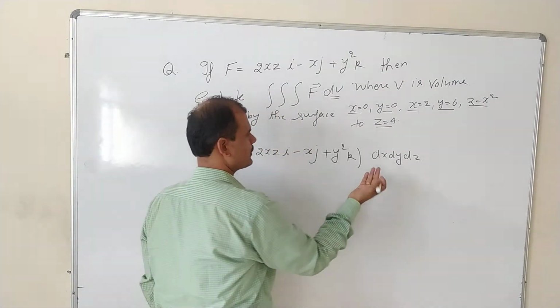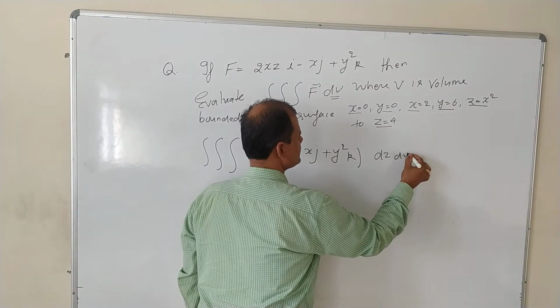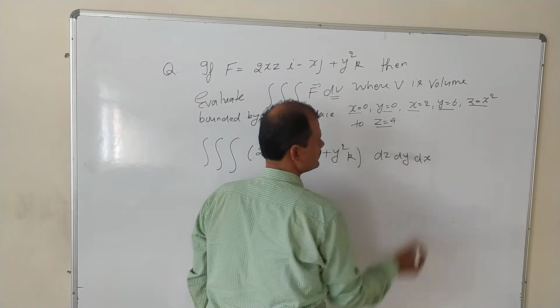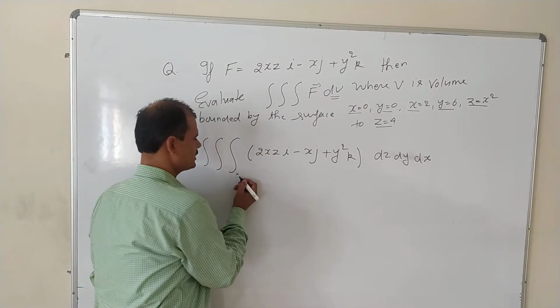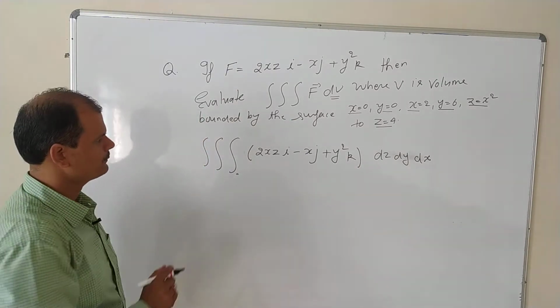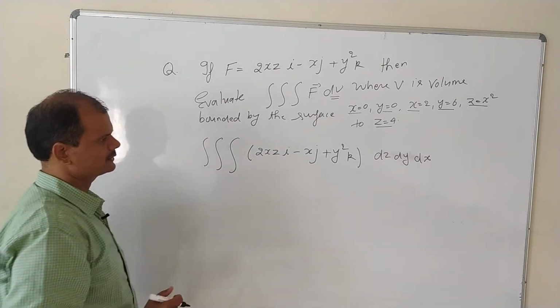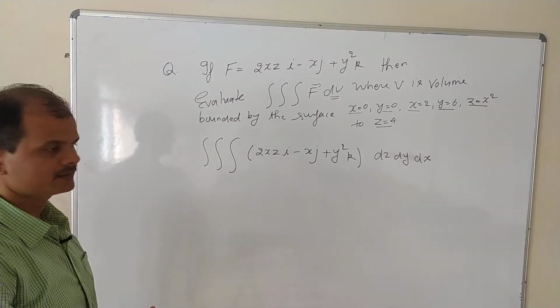Or one can have dz dy dx, anything. Only thing you need to take care about is that the limits depend upon this sequence, right? So if you integrate, we'll get one vector.